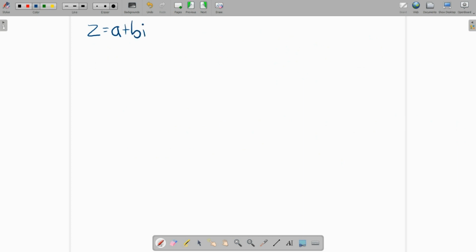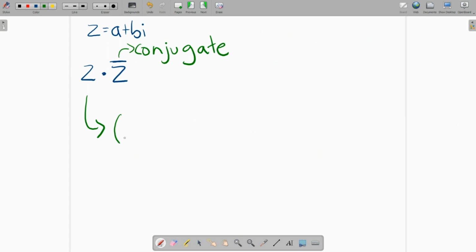If we do z times z-bar, this symbol over the z is called a conjugate symbol, so it represents a conjugate. If we multiply these out, we get a plus bi times a minus bi.